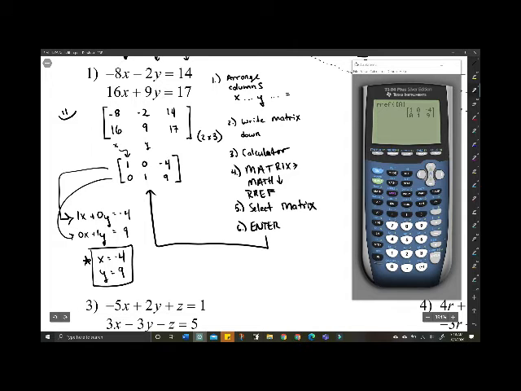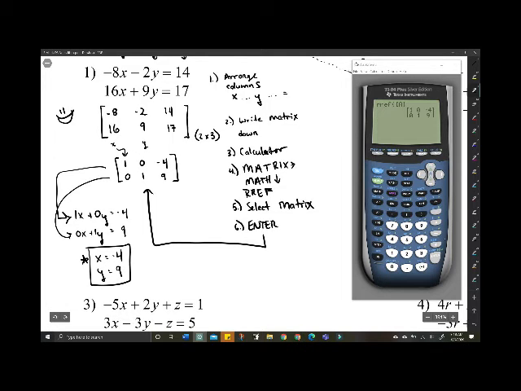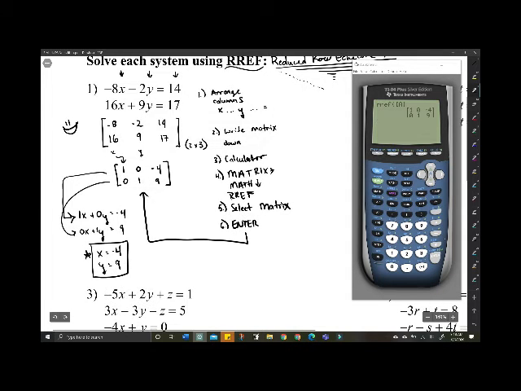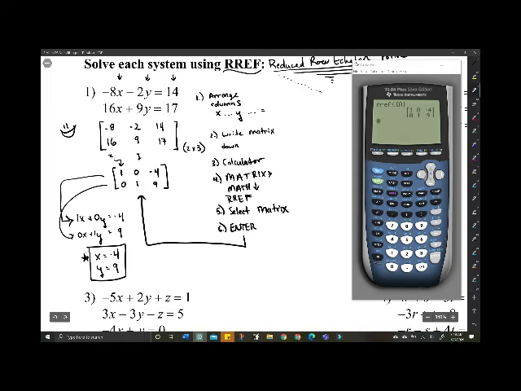Kind of magical how you can do that in the calculator. Now, I know with a system of two variables, that might have taken you longer than just doing it by hand. Where this really comes in handy is our system of 3 variables, and it's really the same exact process.